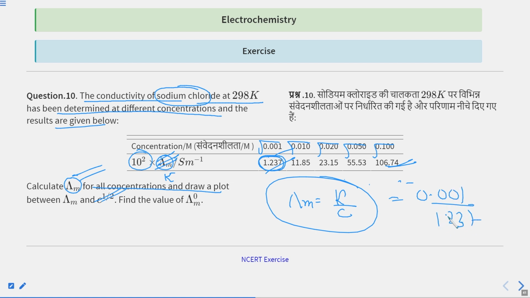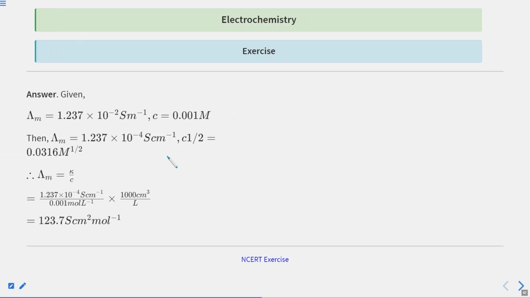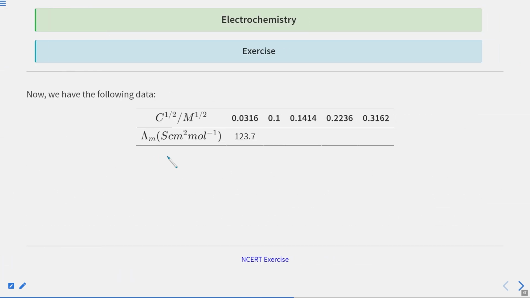So this is a mistake, sorry for this. This I have done right. Clear? Similarly, for the second value, the third value, the fourth value, now just plot this graph and you will get your final value.